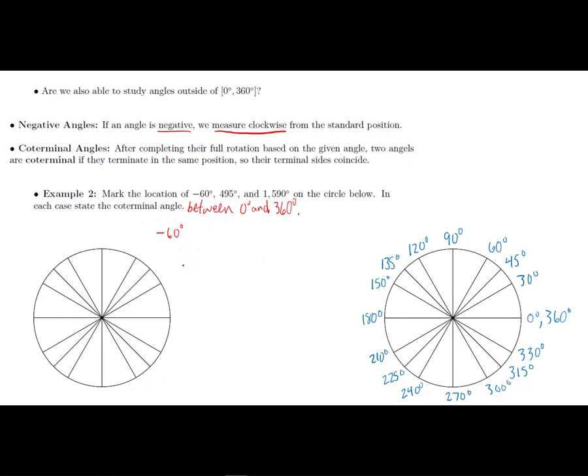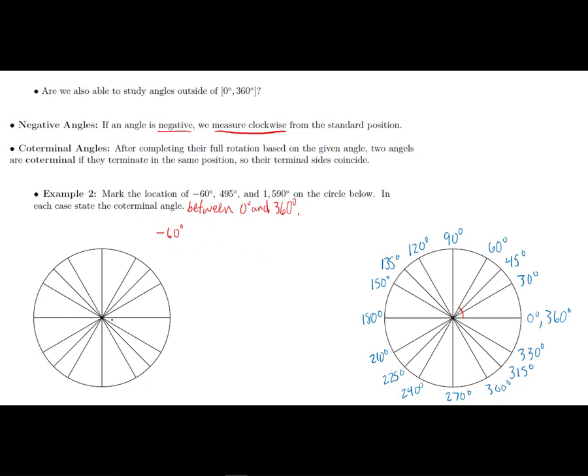All right, so let's start off with negative 60 degrees. Now, first of all, if I understand that a negative angle is just simply measuring the angle clockwise from standard position, what I could do is just go over to this picture here and just make a note that, okay, there's 60 degrees. So negative 60 degrees must just be simply going that same angle, but in the clockwise direction.